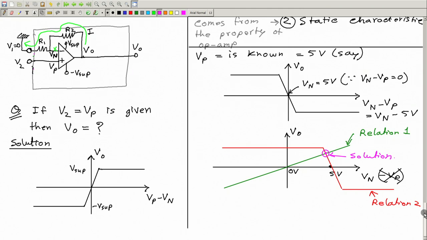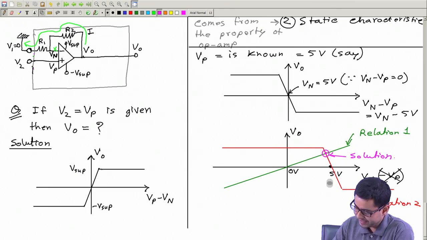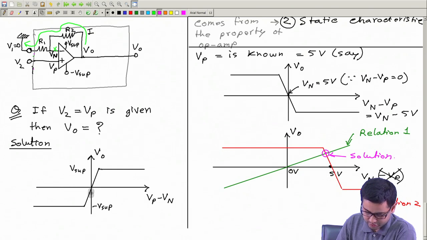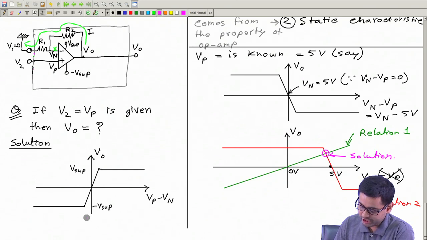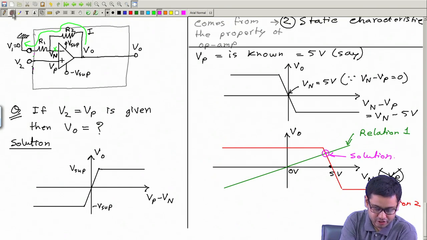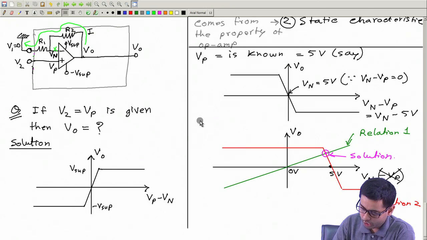Now for an ideal op amp, we know that this static characteristic is very sharp, very vertical at this region. The resolution is very small, so the slope is very high, almost vertical. So now let me modify this.